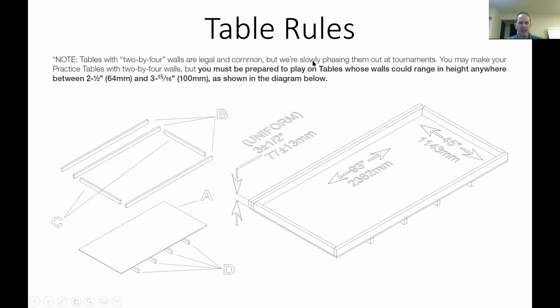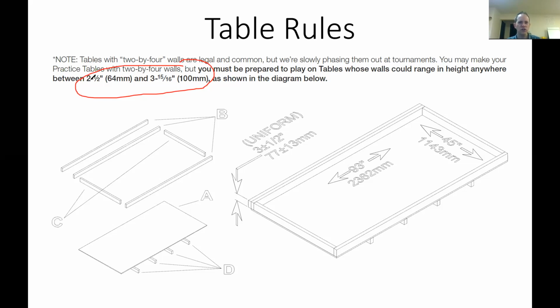Note that it says that the tables could be anywhere between, and I will try to annotate. There we go, between 2.5 inches and 3 15/16, which is actually almost 4 inches. Wow. I don't think we have any that are almost 4 inches tall. That's interesting.